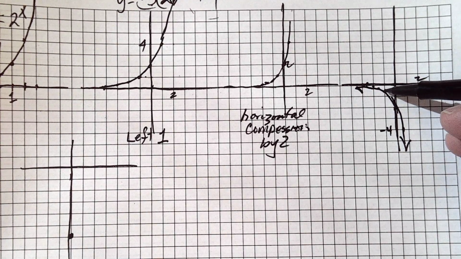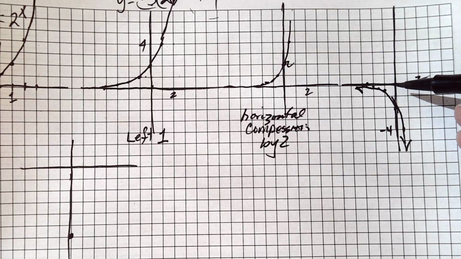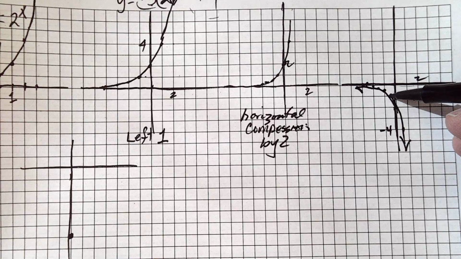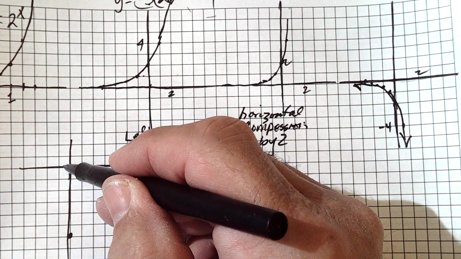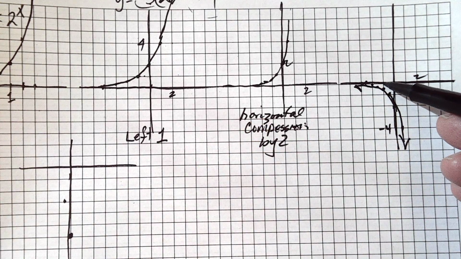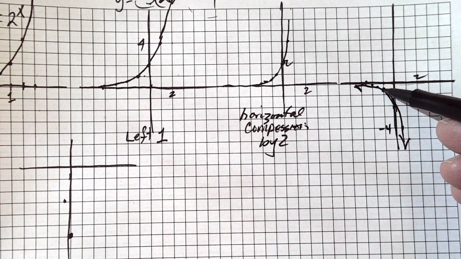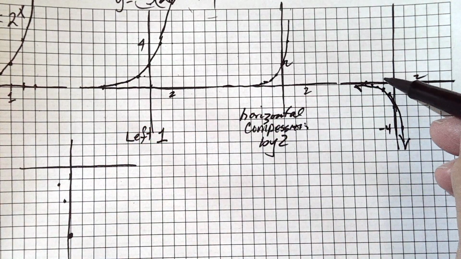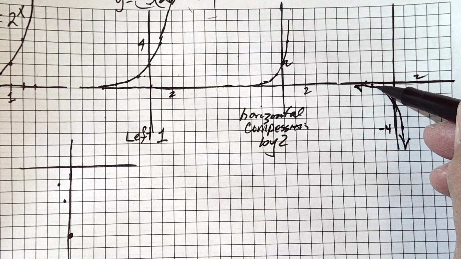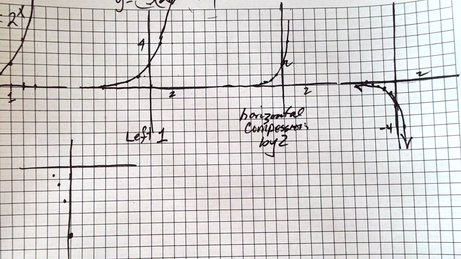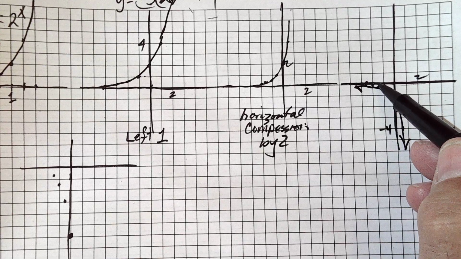At -1/2, it was negative a half, so it's negative 3 halves, 3 times as far. At -3/4, it was negative a quarter, so it's negative 3 quarters.